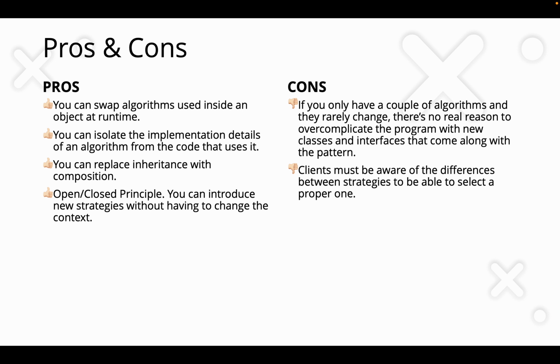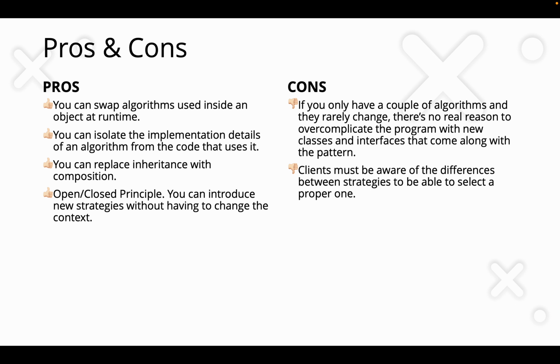All patterns have some advantages and disadvantages. So for the strategy design pattern, pros are you can swap algorithms used inside an object at runtime. You can isolate the implementation details of an algorithm from the code that uses it. You can replace inheritance with composition. You can introduce new strategies without having to change the context.